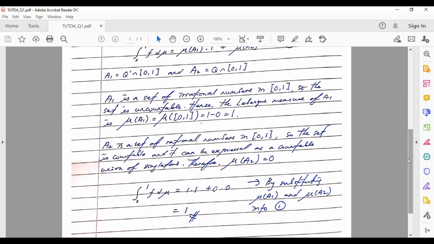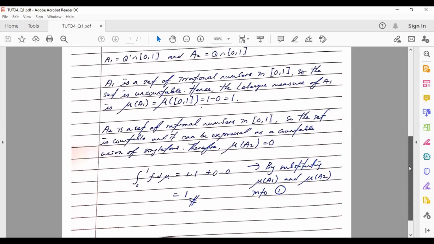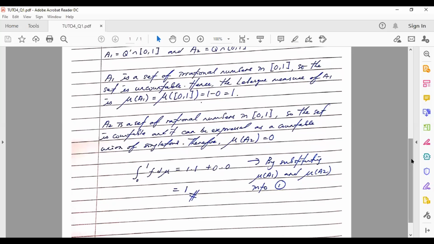And A2 is the set of rational numbers in the interval 0 to 1. So the set is countable and it can be expressed as a countable union of singletons. Therefore, the Lebesgue measure of A2 is equal to 0. So by substituting the Lebesgue measures into equation 1, we get that the Lebesgue integral is equal to 1.